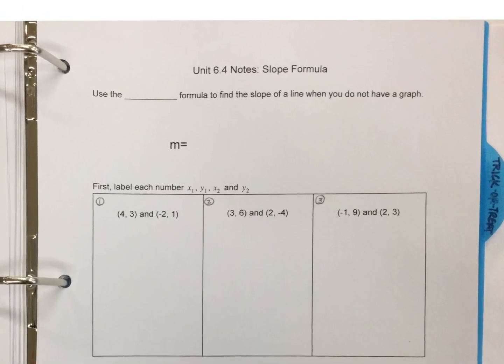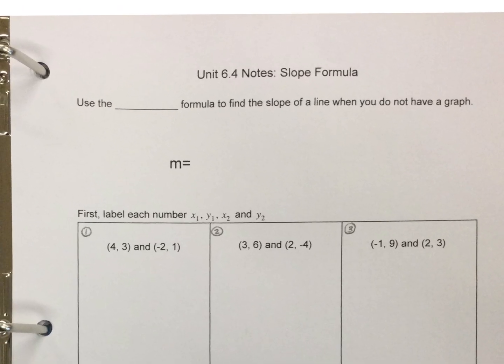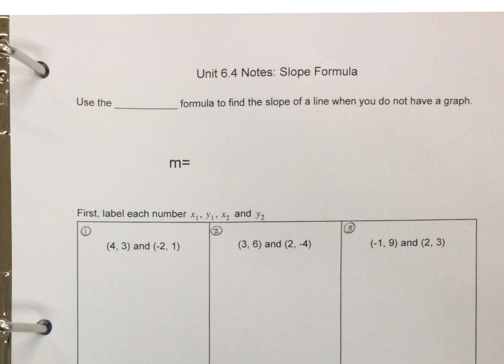So sometimes we need to find the slope and we don't have a graph. When you do not have a graph, you'll be given 2 points, and it makes a line, and then you would figure out what the slope is. So when you are not given a graph, there's a formula we use. It is called the slope formula.